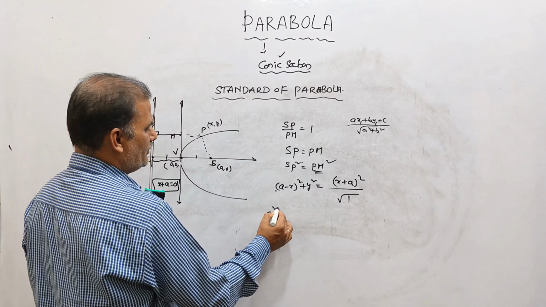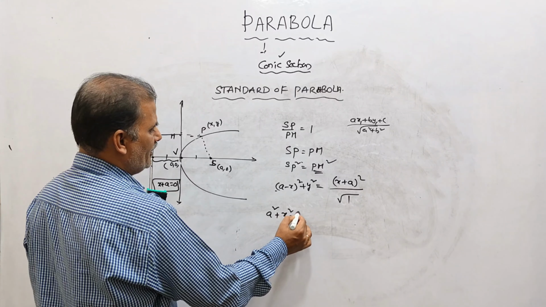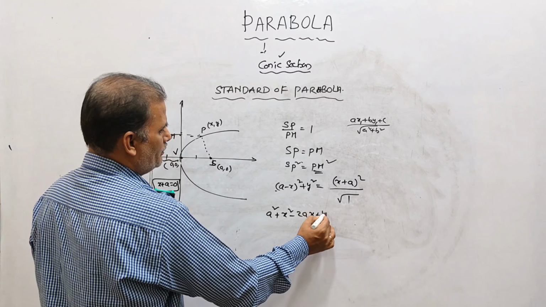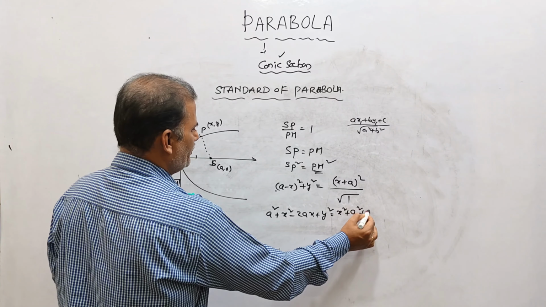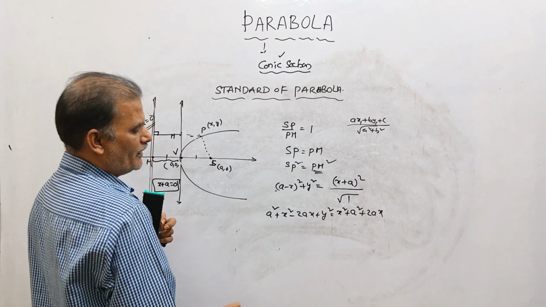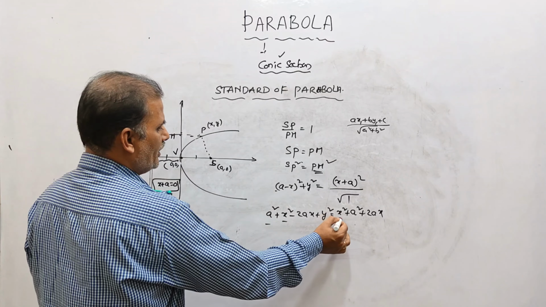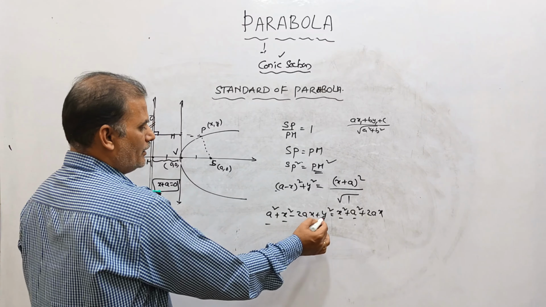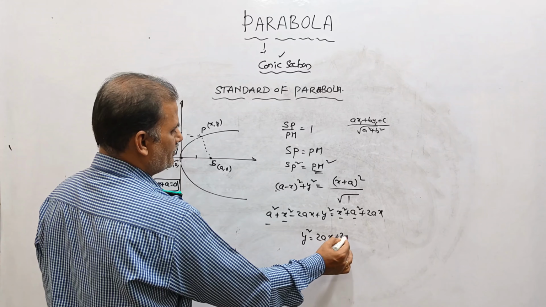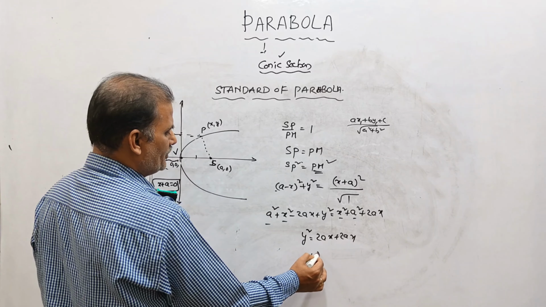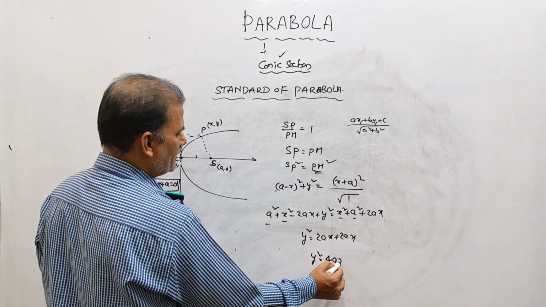Here by squaring, a square plus x square minus 2ax plus y square is equal to x square plus a square plus 2ax. Now here x square plus a square both are cancelled. Now y square is equal to 2ax plus 2ax. Then y square is equal to 4ax.